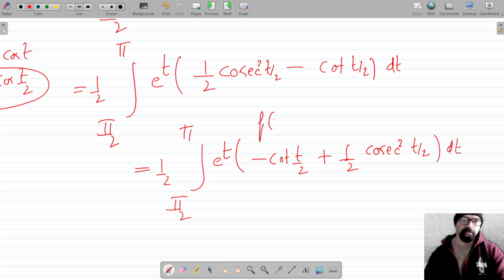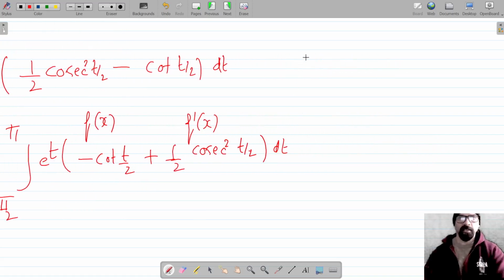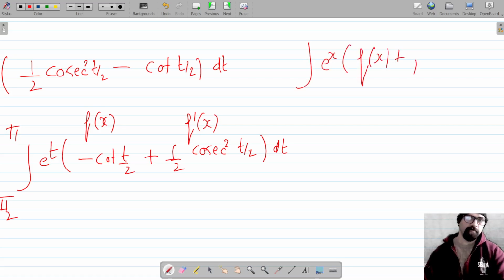Now this is our function and this is its differentiation. And we know that the integration of e raised power x into f of x plus f dash x is equal to e raised power x into f of x plus c.